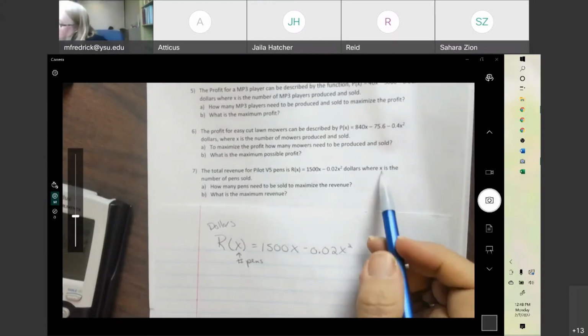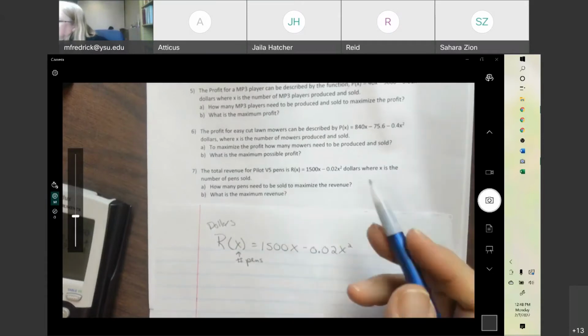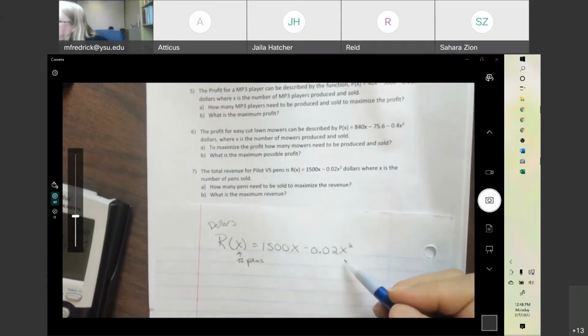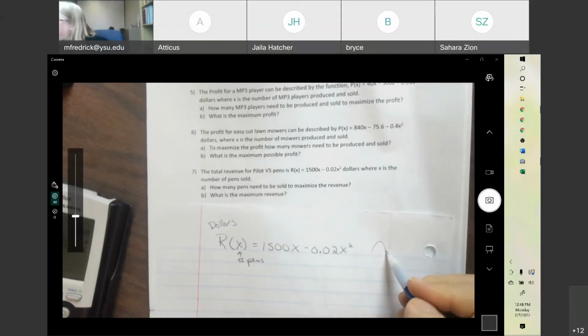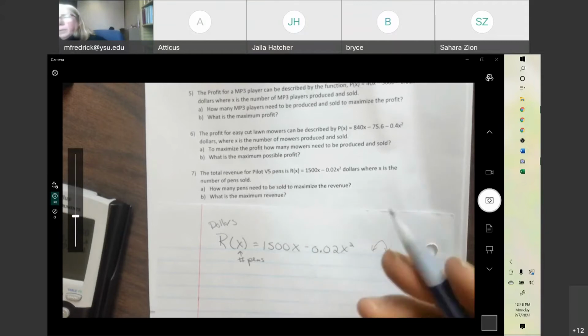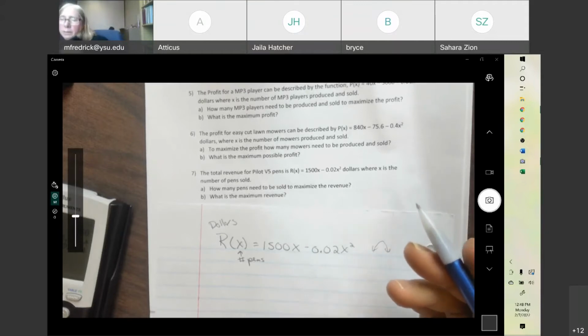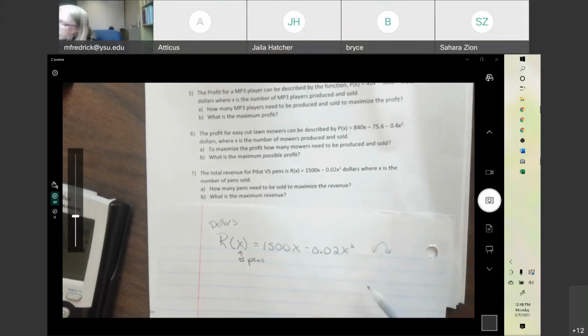On this one then, again, we're maximizing because our squared term is negative, so our parabola is going down. When the parabola is going up, that would be your cost, because you're going to find minimum cost.